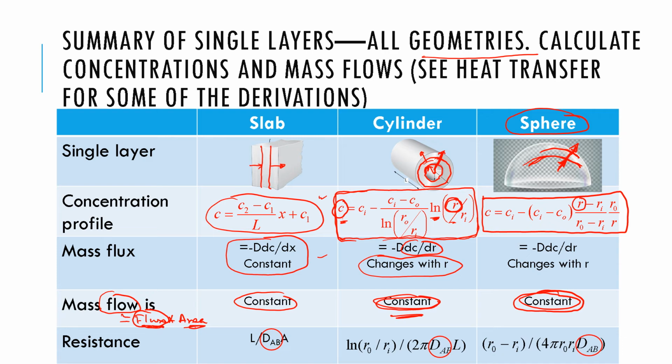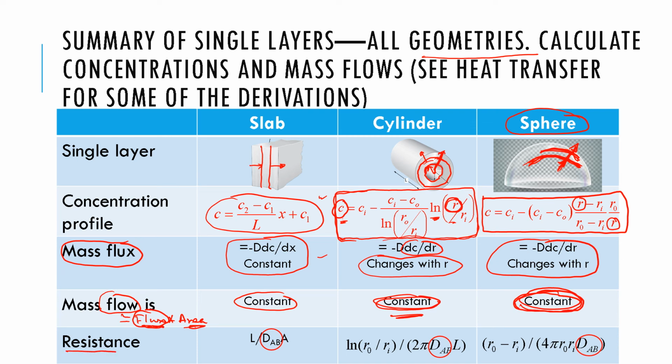So you have r here and r here, and so even though the mass flow, that's the rate at which stuff is diffusing through two layers, is a constant, the flux, that is per unit of this area that keeps increasing, has to then decrease. So in other words, the flux has to change with radius.